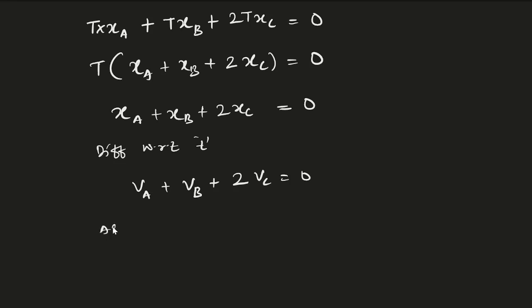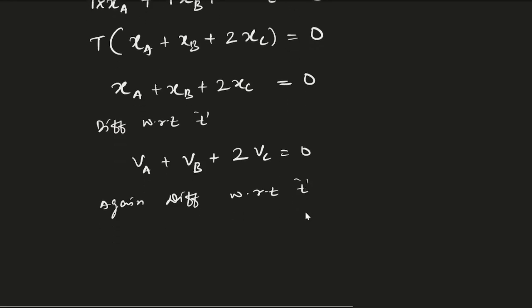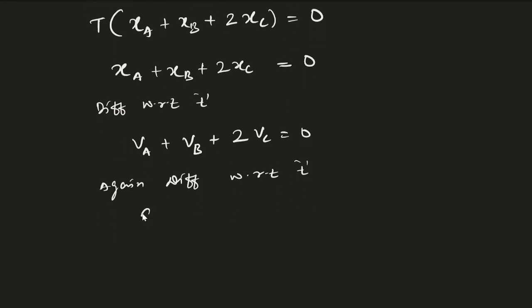Again I differentiate with respect to T, I will get the acceleration. For this purpose, I have used this equation to get the acceleration: AA plus AB plus 2 times AC will be equal to 0. So this is our main equation, the first equation.